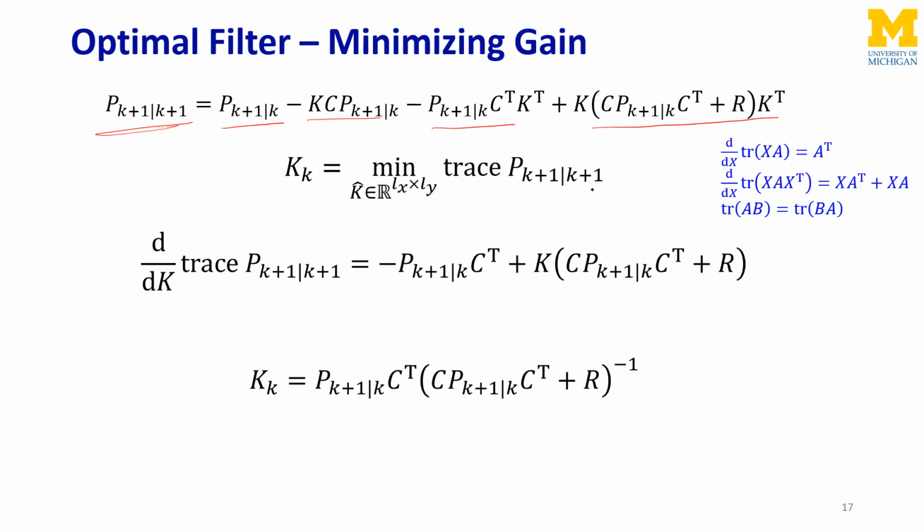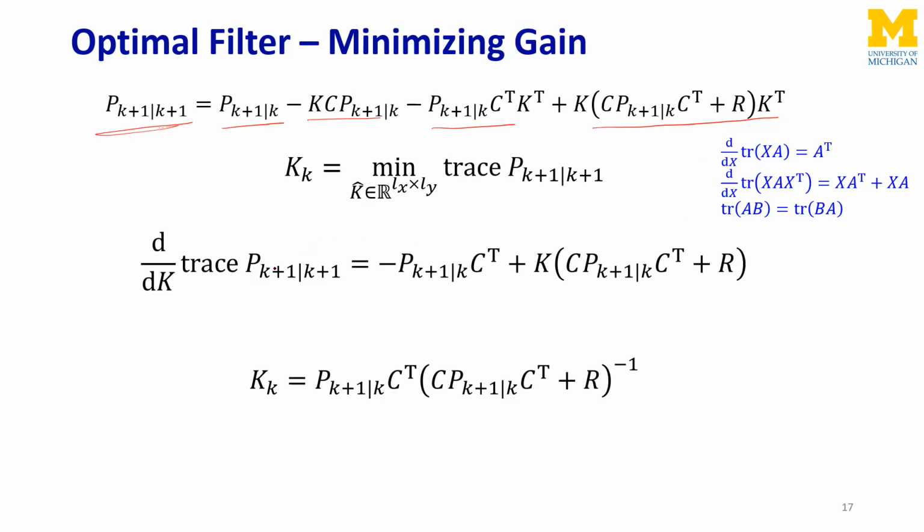the gradient of this at that particular k is going to be 0. So we have to get the derivative of this right-hand side with respect to gain k. And we can use these formulas here to differentiate the trace of a matrix with respect to another matrix.